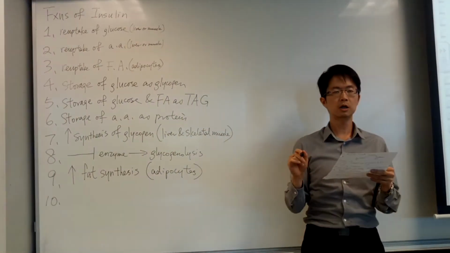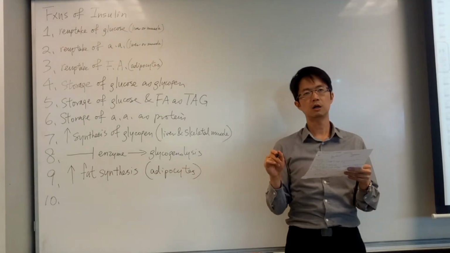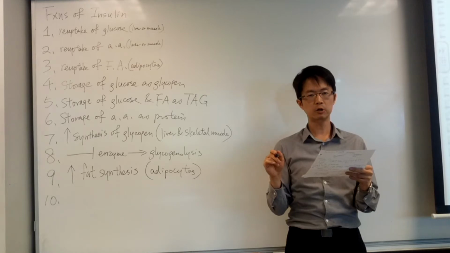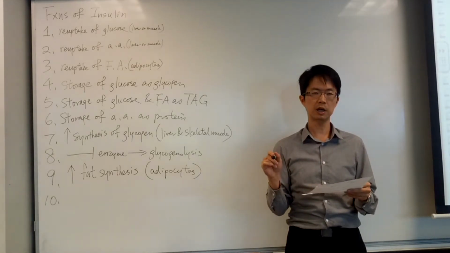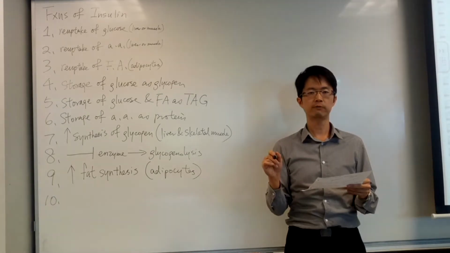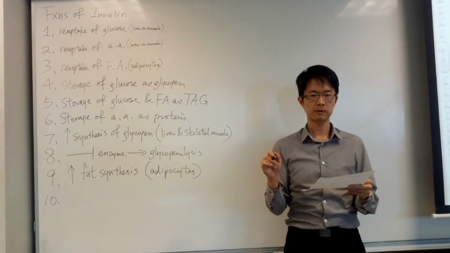Remember, in the post-absorptive state, after our body finishes using up glucose and glycogen, what is the next molecule our body will utilize? It is the body fat or triglycerol in the adipocyte.